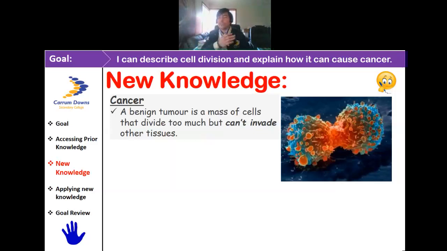Once you find out that there's a lump in your body or someone you know has one, and you go and test it, and if the doctor says that, hey, this tumor is benign, that means that you haven't got cancer yet, okay? And you can still treat it, and a lot of the time you treat it by surgery. You just take it out and you'll be fine, okay?